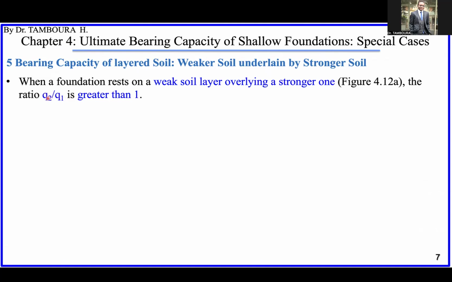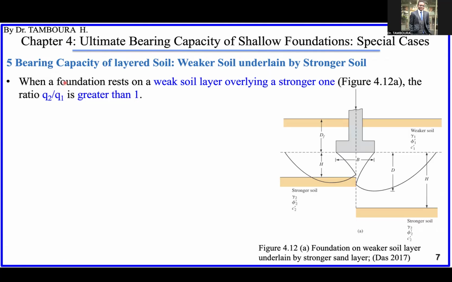Since the bottom layer is stronger than the upper one, this ratio will be greater than 1, obviously. If you have already watched the previous video, you will understand this ratio.